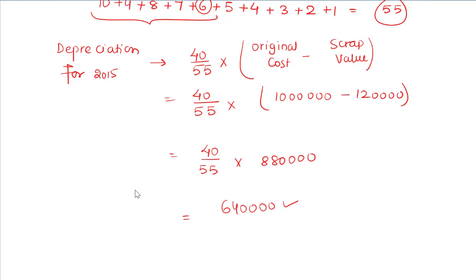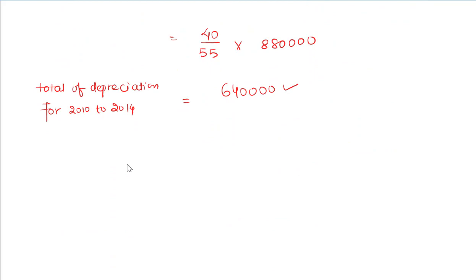What we have calculated is the total sum of digits depreciation for 5 years, that is 2010 to 2014. Just write over here, total of depreciation for 2010 to 2014, which is 6,40,000.